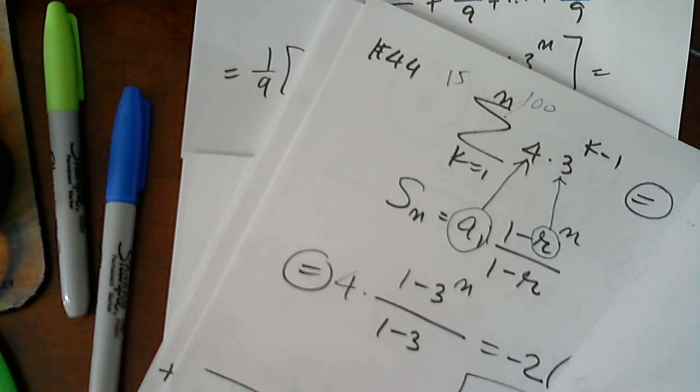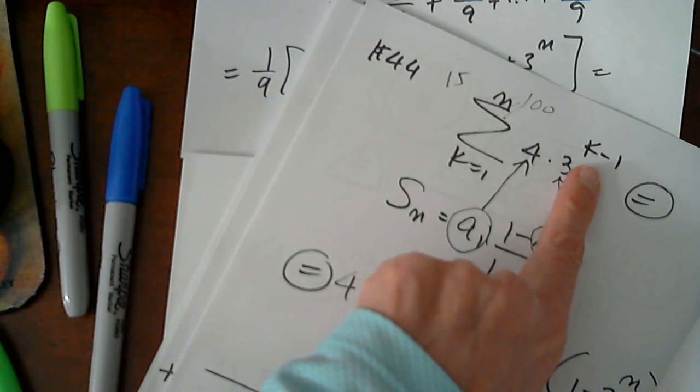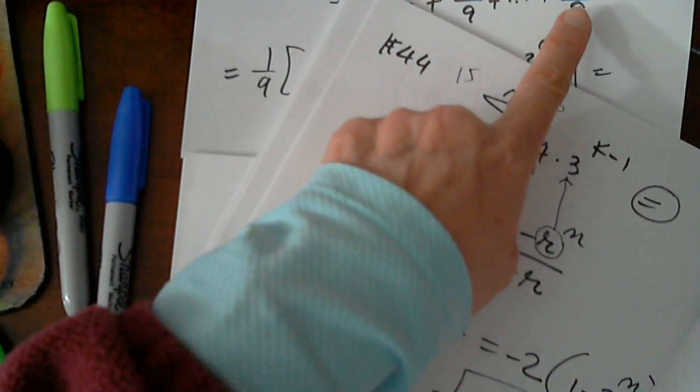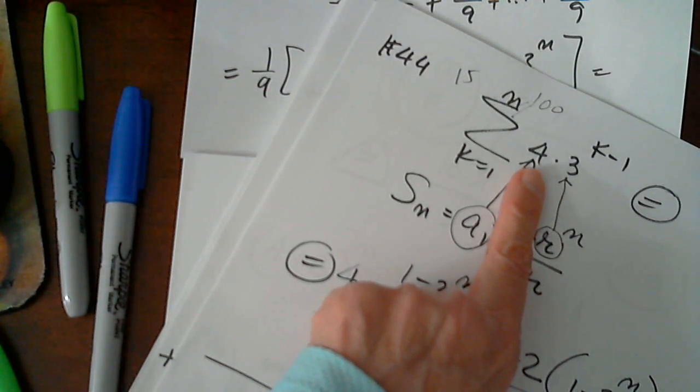So the requirement for the formula is that it has to have k minus 1, not k, but k minus 1. And then we can write 1 minus 3. So this is the first term.